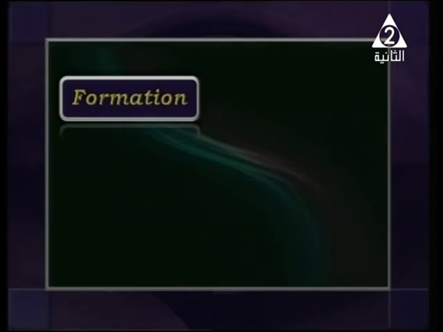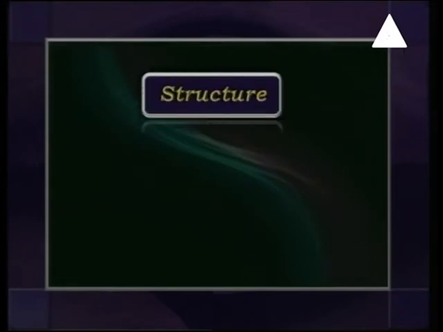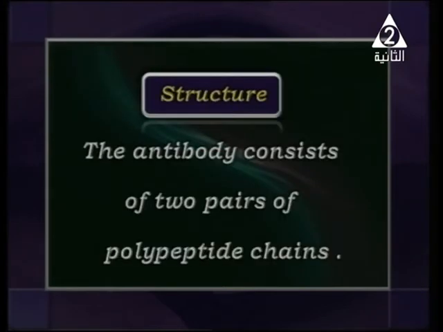What about the formation? Where inside your body are they formed? They are produced by antibody-secreting plasma B cells. The structure: the antibody consists of two pairs of polypeptide chains. Do you remember the polypeptide chain?